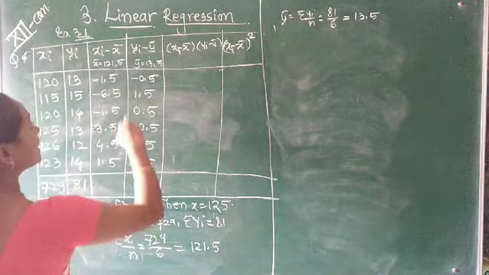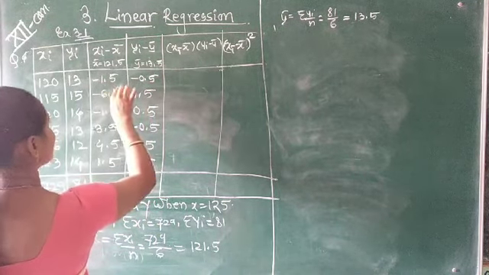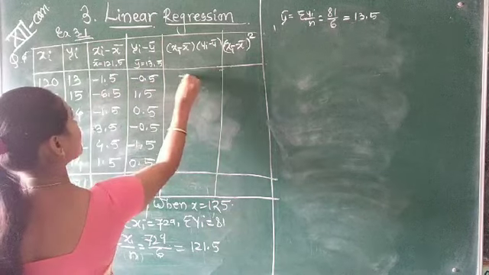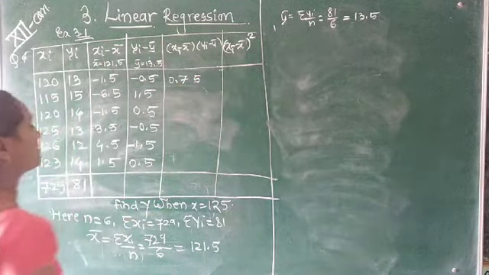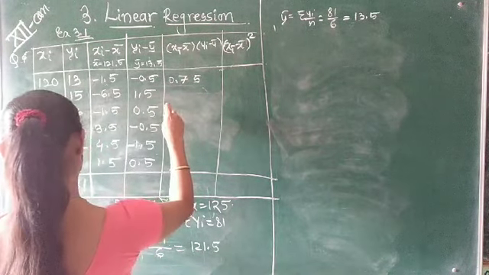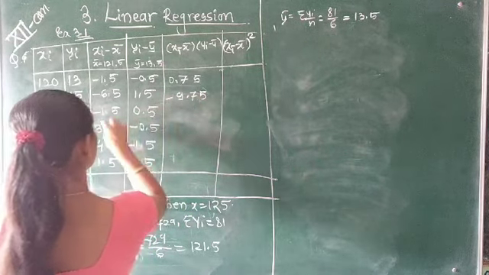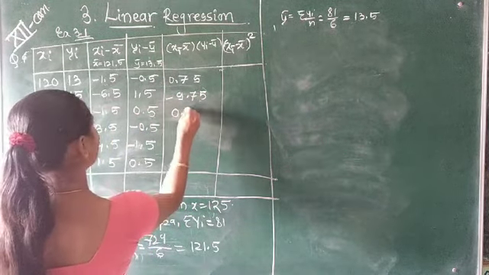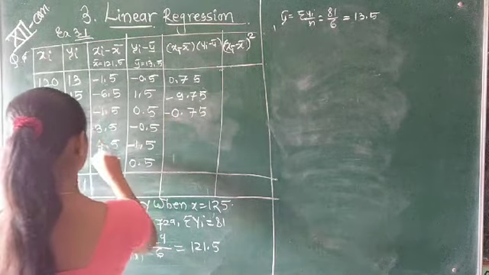Now next, take the product of these two. Here minus into minus will become plus, and 15 times 5 is 75, that means it is 0.75. Next one, 6.5 into 1.5, the product is minus 9.75. Again it is minus 0.75.